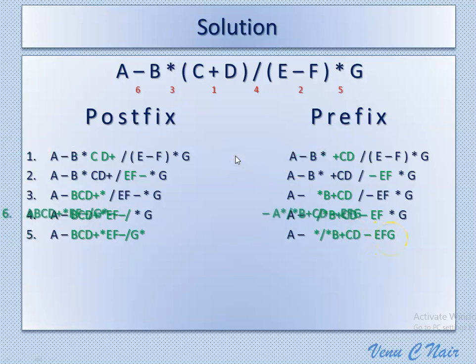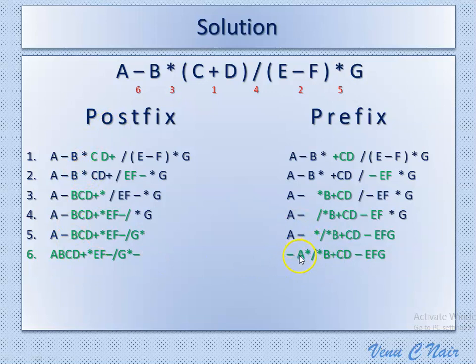And finally, we will be doing the subtraction. So A and the remaining part of the equation are the operands. Minus is the operator. It is taken to the last location. So this becomes our final postfix expression. Similarly, minus is taken in front.